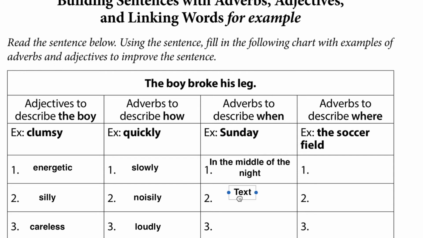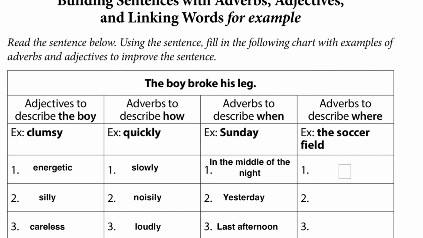All right, let's think of another example of when he broke his leg. He broke his leg yesterday. Or we could also say he broke his leg last afternoon. Okay, that's all telling us when he broke his leg. Okay, now we need where he broke his leg. And see, they put an example, the soccer field, that's more than one word, but that's okay.